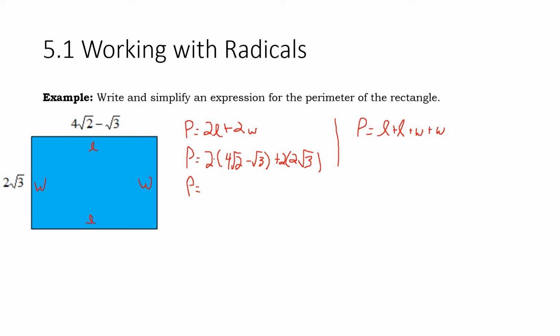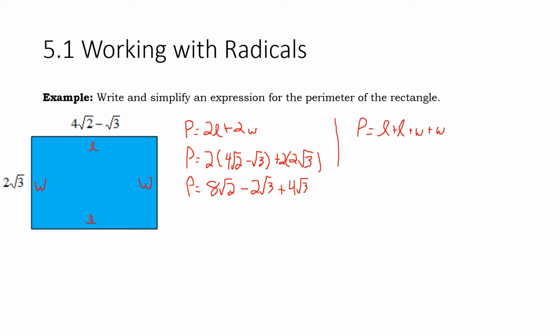The setup is the same. So 2 times 4 root 2 is 8 root 2's. 2 times root 3 is 2 root 3's. And then 2 times 2 root 3's would be, so again, imagine 2 times 2x would be 4 root 3's.